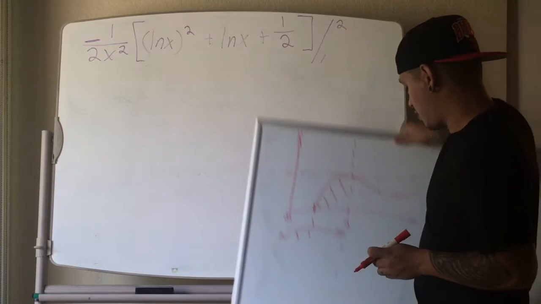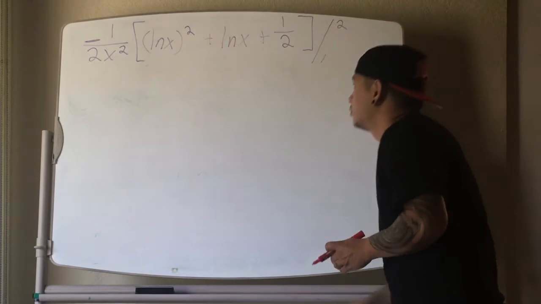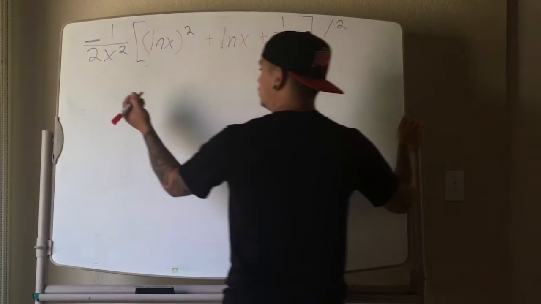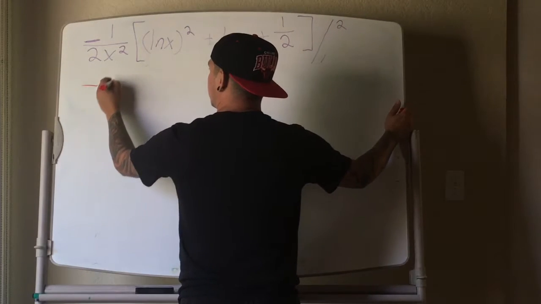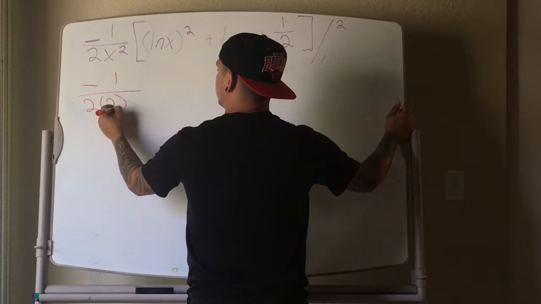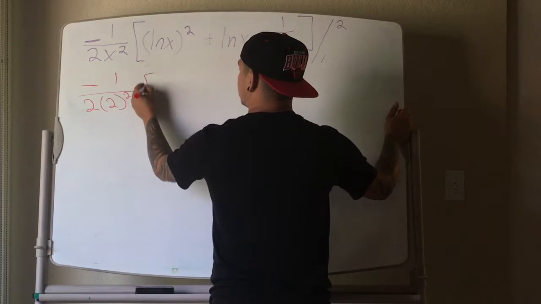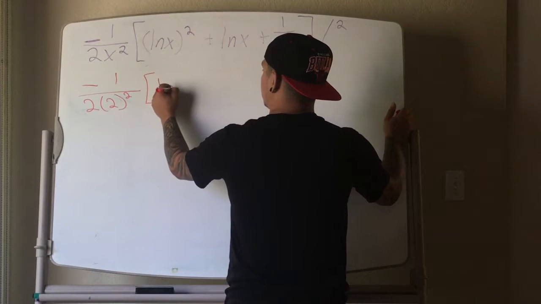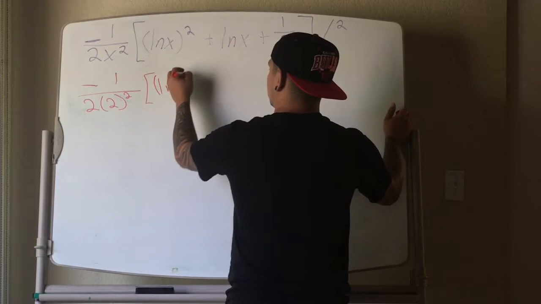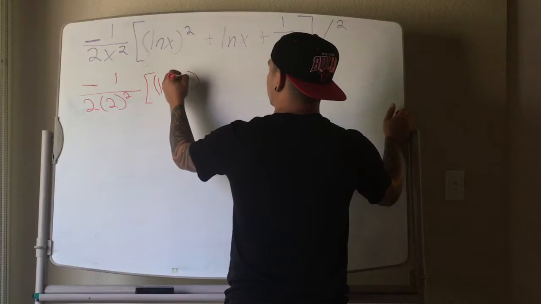So now that we have that out of the way, we can start plugging in. So when we plug in 2, we literally just write everything 1 over 2. And anywhere you plug in your 2, put brackets so that you don't make any mistakes.